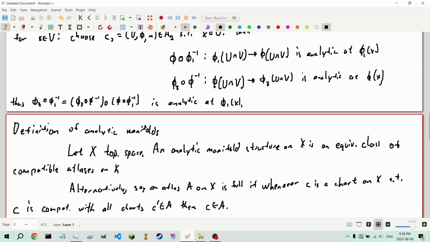So it's essentially just becoming maximal with respect to the collection of charts in a topological space.